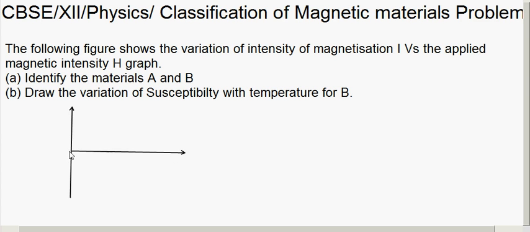We have curve A like this, and curve B is in the negative direction.